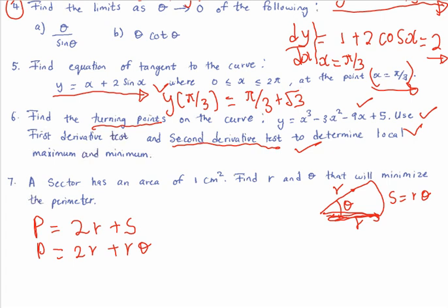So let us change this equation such that we have one variable. So we're gonna change theta to be in terms of r. The one thing that we know is that our area is equal to 1. So from this equation, A equals half r squared theta, we know A is equal to 1.